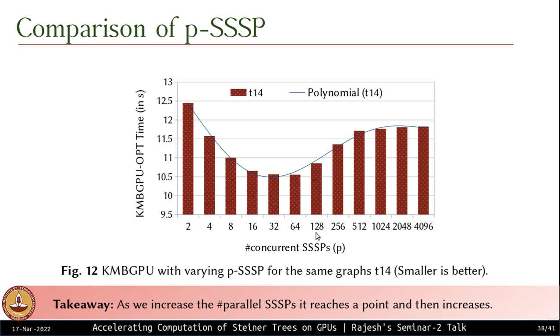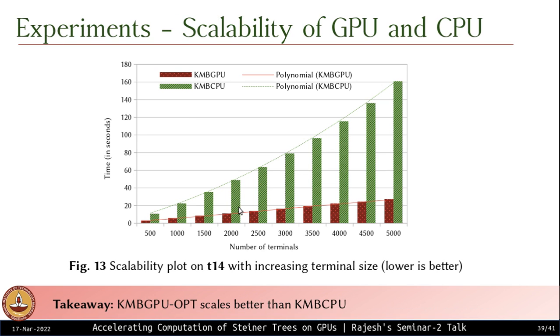We have plotted this only for the T14 graph, but this is the case for all the 14 instances. The performance was at its peak somewhere between 16 to 64 for all the graph instances that we have taken.